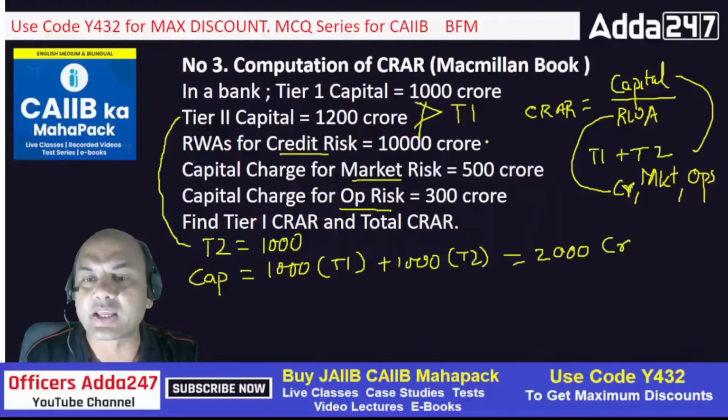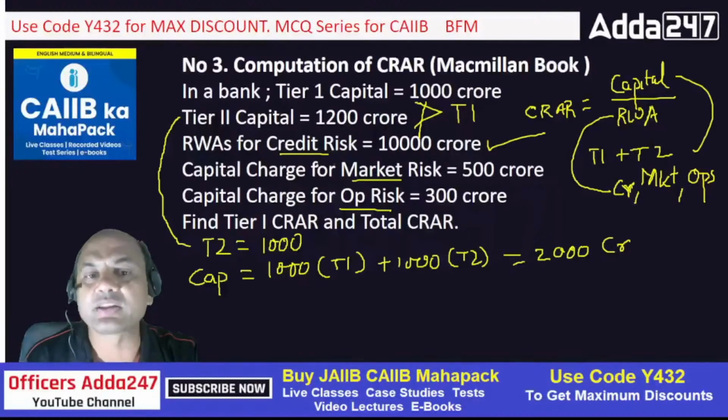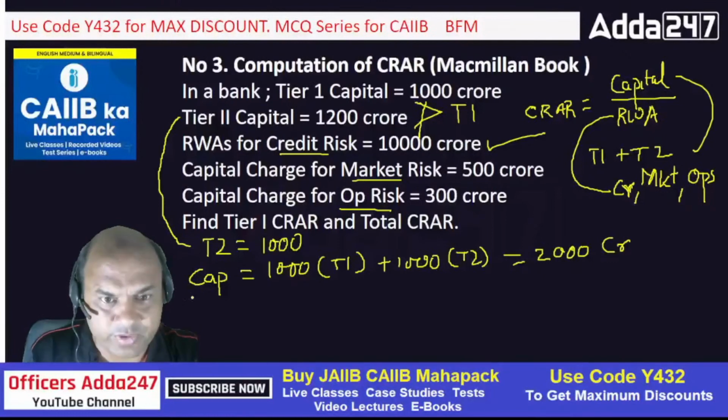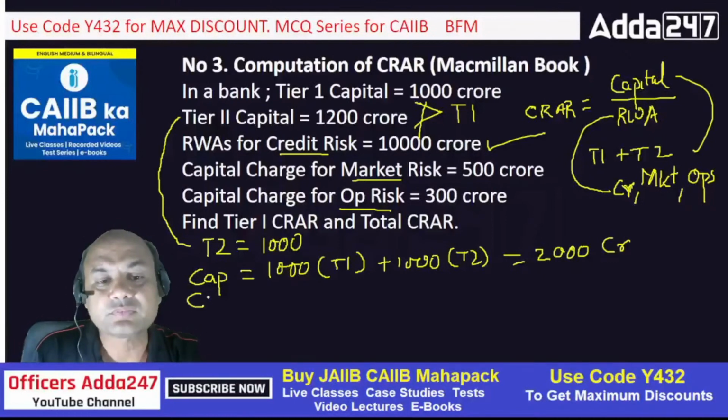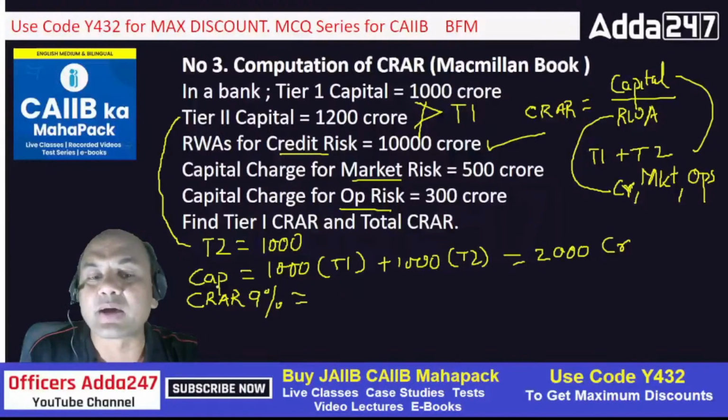Credit I already have, so leave it. For market, what is the capital charge? 500 crores. So what is the formula for CRAR? CRAR equals capital upon RWA, as we just saw. I'll write it directly over here: CRAR 9% equals capital.